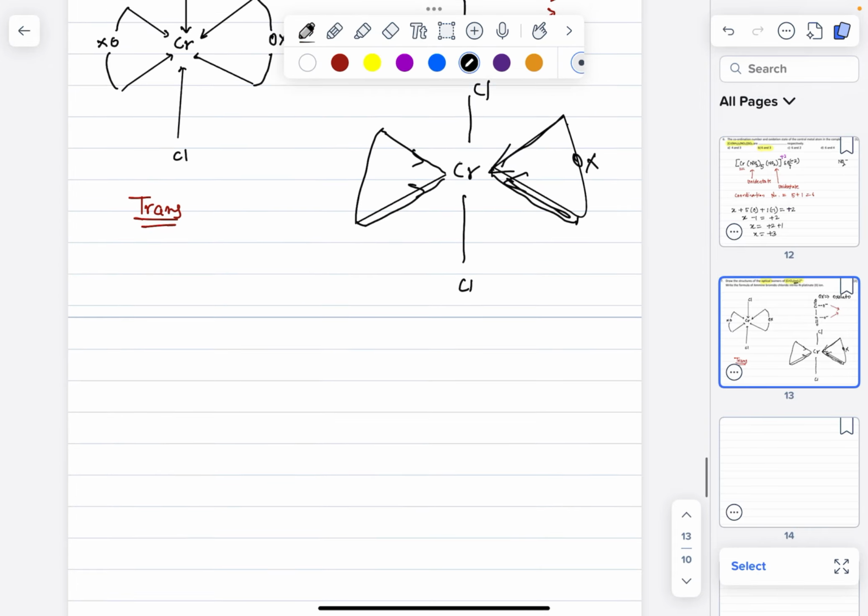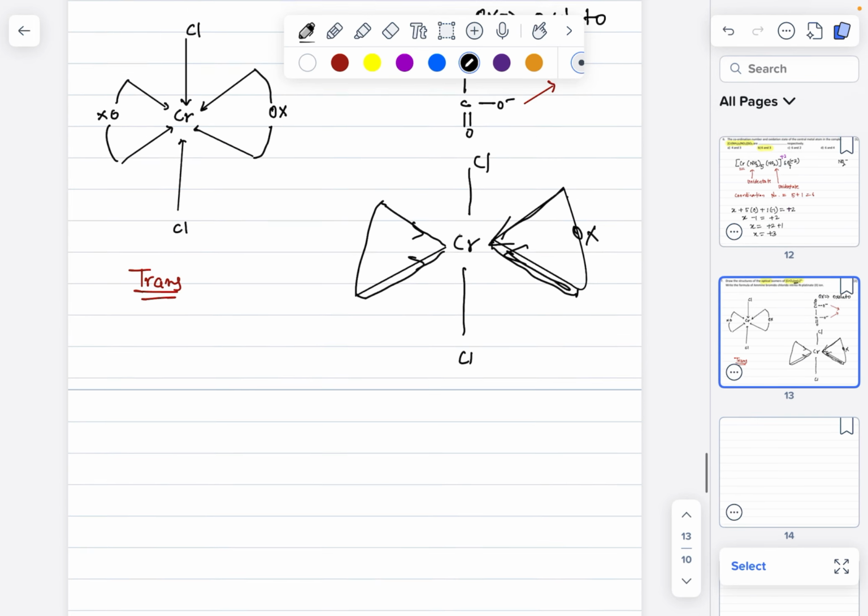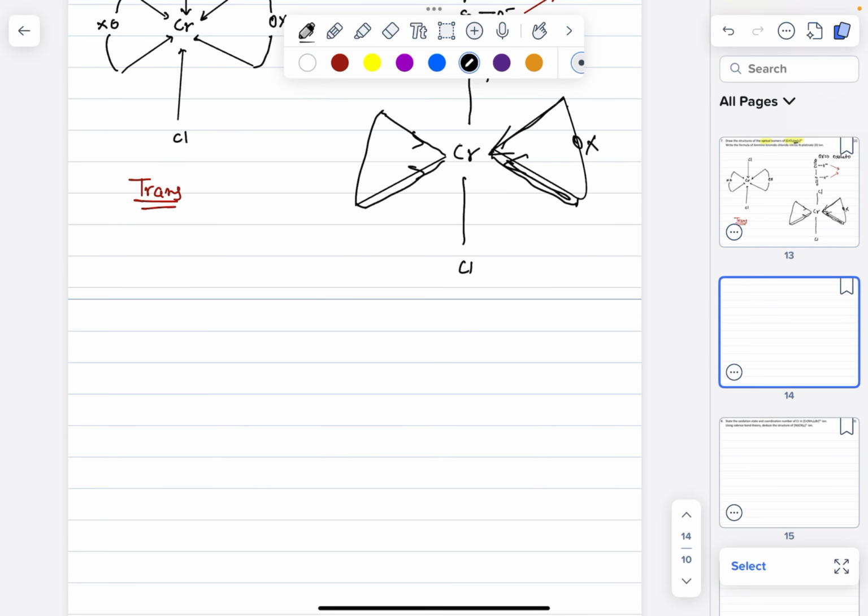What would be a cis isomer? The cis isomer of this would be, I'll draw first this way. Hope you are understanding that these bonds are in plane, whether it is didentate or bidentate. I'll write these two as oxalate, and these two as ox, and this is chlorine and this is chlorine.